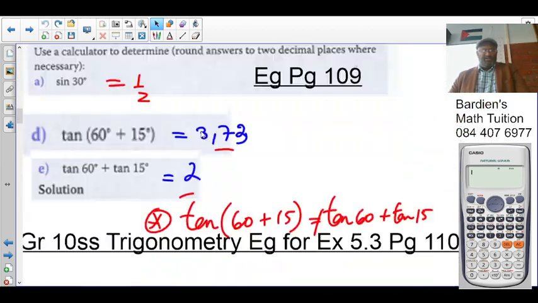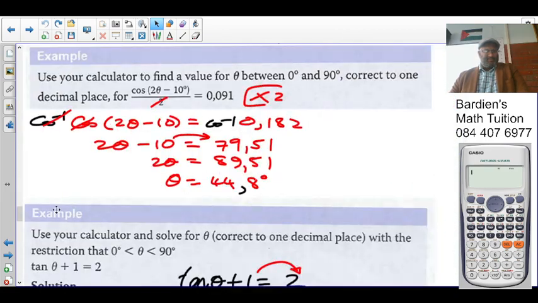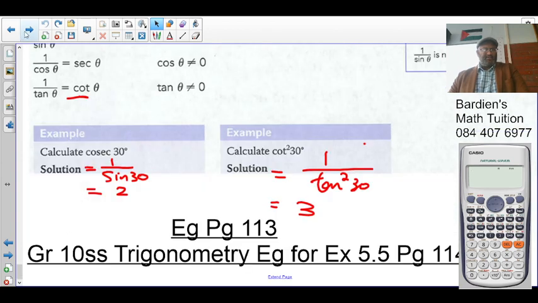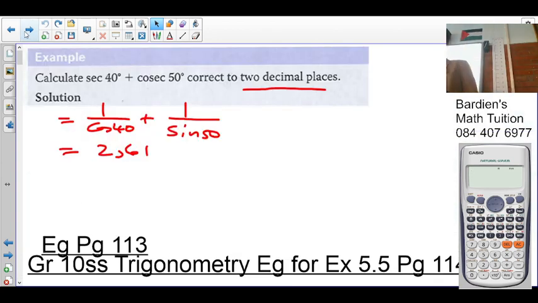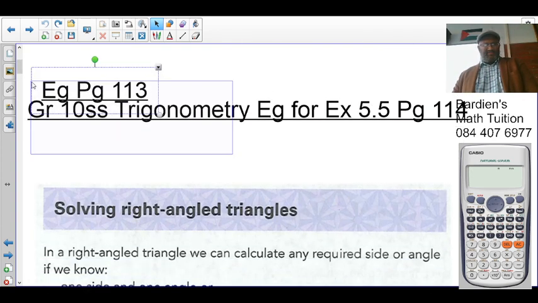So today we're looking at trigonometry. Yesterday we looked at reciprocal trigonometric ratios. So today we're looking at solving right angle triangles.